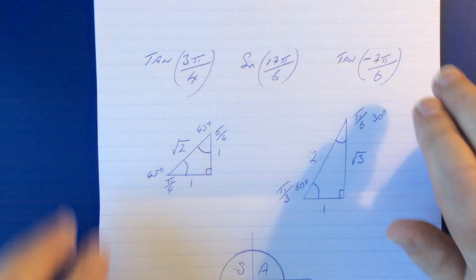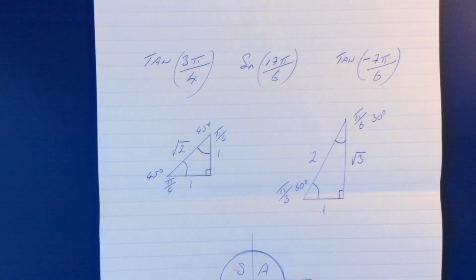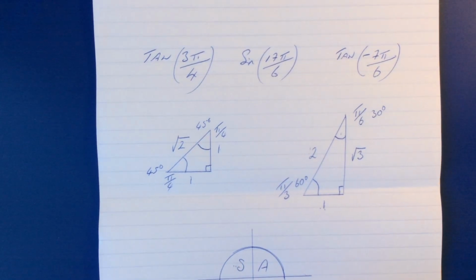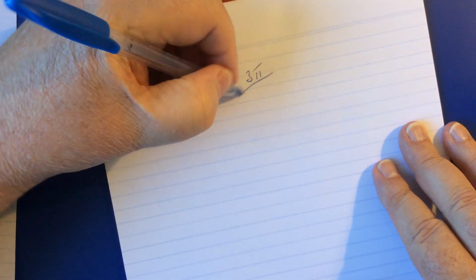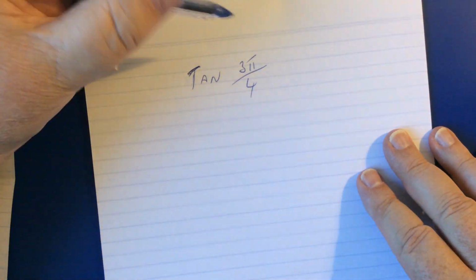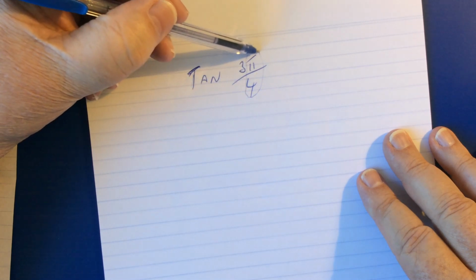Okay, let's get going. We're going to do the first one now. I'll be referencing these diagrams, but let's start with the tangent of 3 pi on 4. The thing that's really important in this is pi on 4.